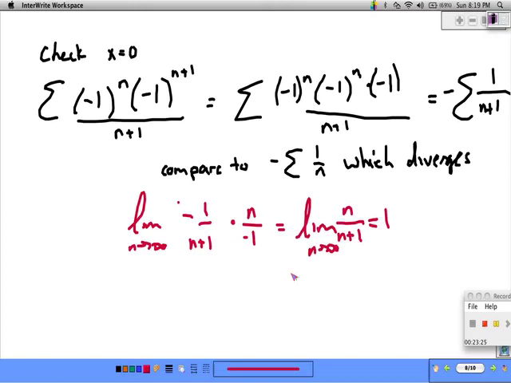So this diverges by the limit comparison test. So x equals 0, we don't have convergence on that end.